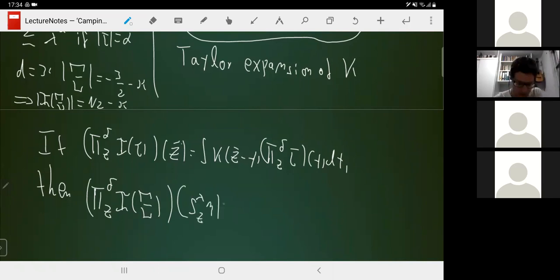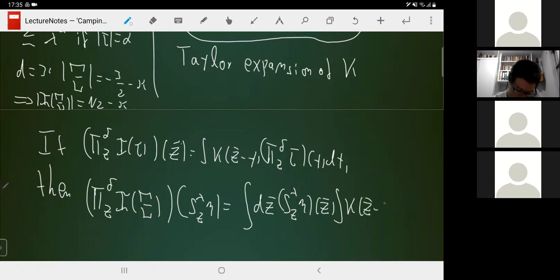What is this? So here we do dz bar of z lambda eta that bar against this k of z bar minus y pi z delta psi of y dy.